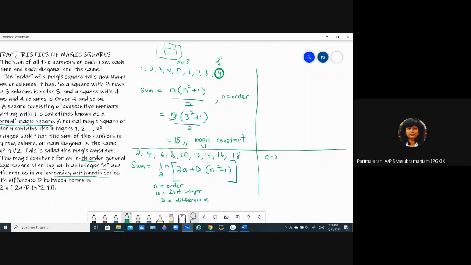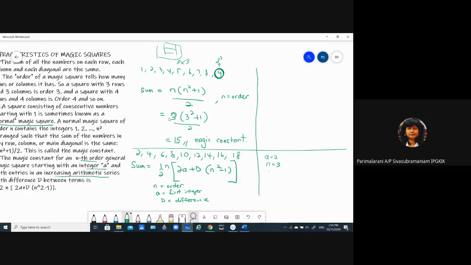And what is our n? N is equal to how many numbers here? 9. 9 I can put into a box, 3 by 3. 9 numbers go into a 3 by 3 magic square, so the order is 3.